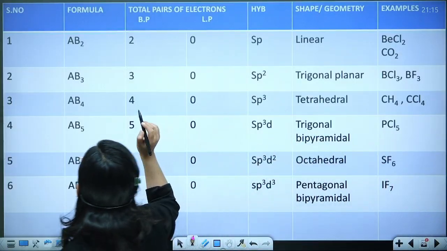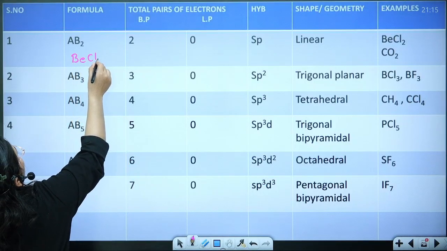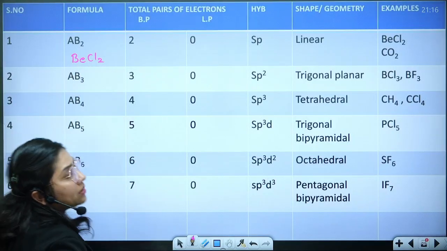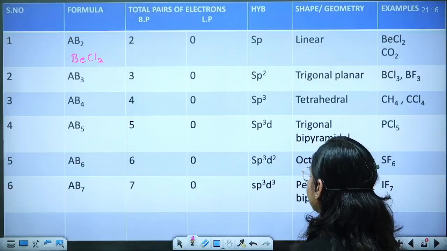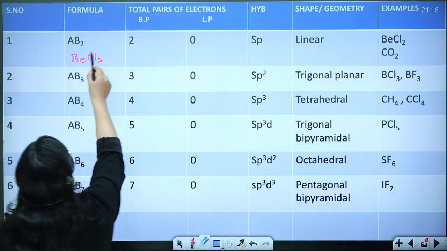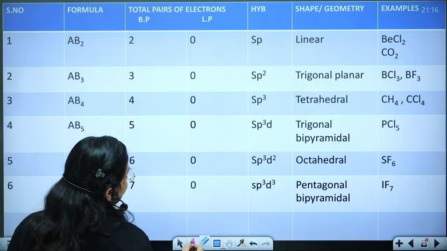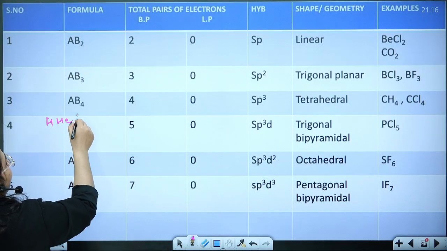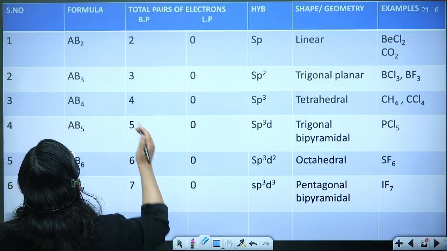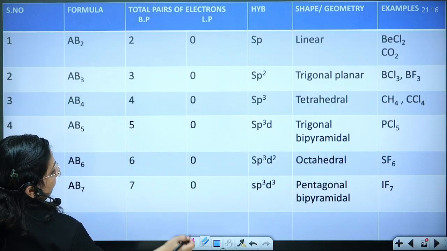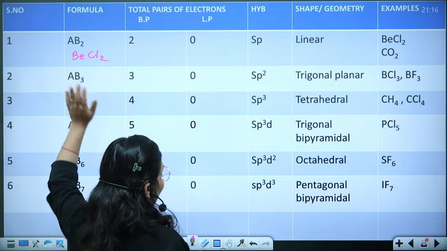See, the first molecule we had as an example, that was BeCl2, I guess. Let me check once. Yes, it is BeCl2.